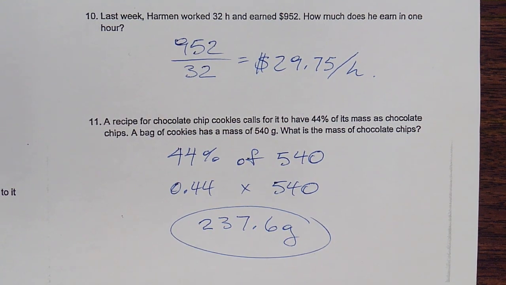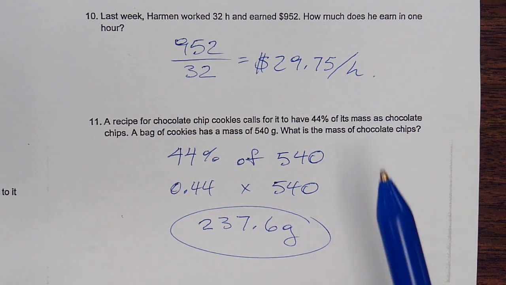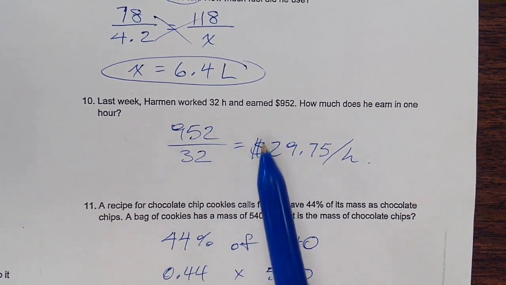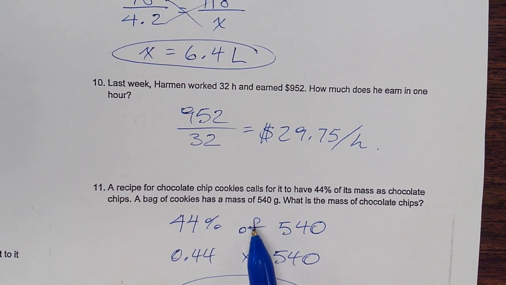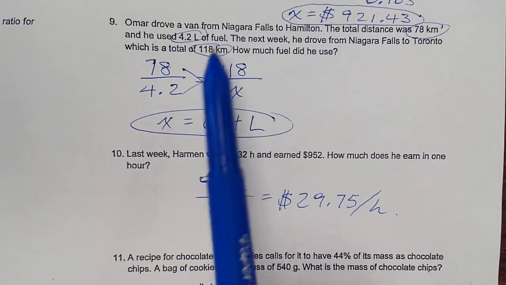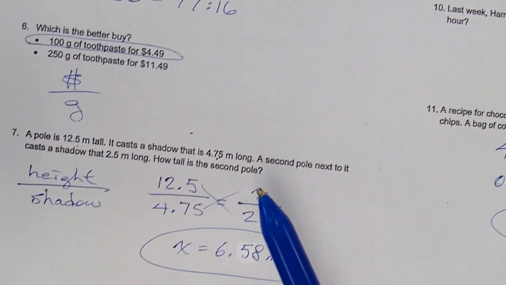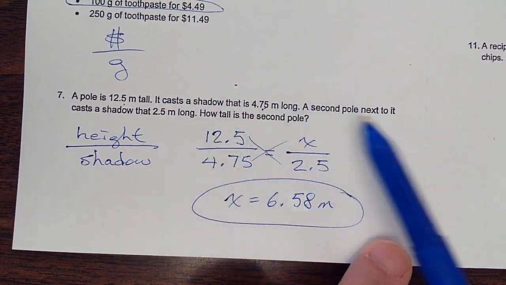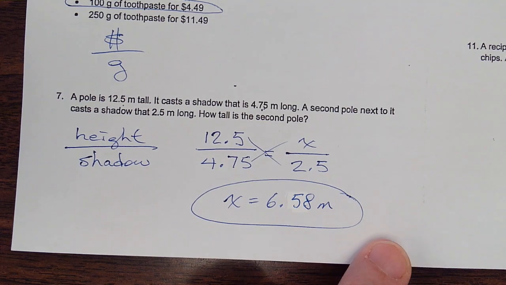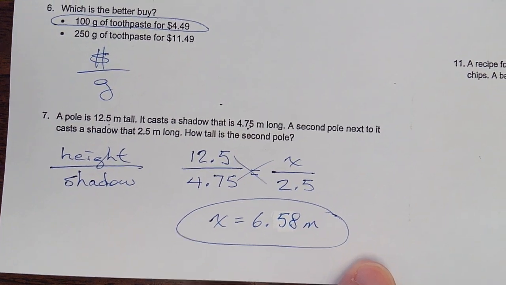Okay. So as you can see with this chapter, a lot of it is just multiplying and dividing, multiplying and dividing. The only trick I would say is translating the word problems into a simple math equation. So it doesn't have to be complicated. Just read the question first and then set it up accordingly.